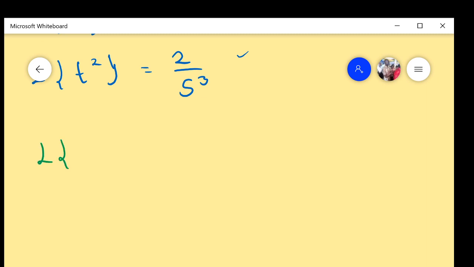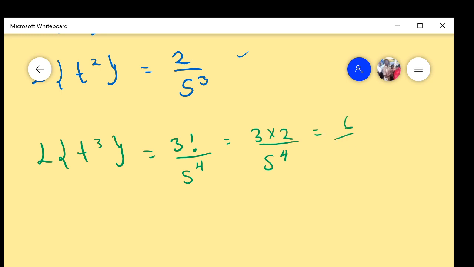The Laplace transform of t cubed is going to be, let me write it this way, 3 factorial over s raised to the power 4, which is 3 times 2 over s raised to the power 4. That is going to be 6 over s raised to the power 4.